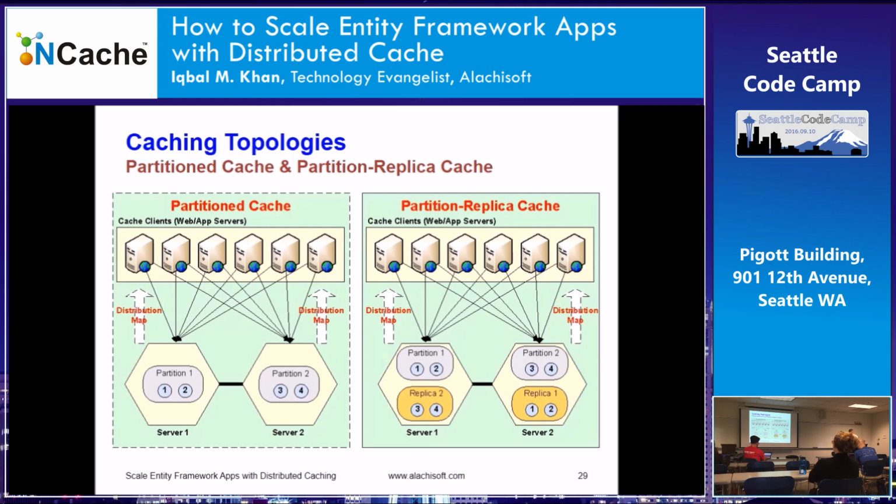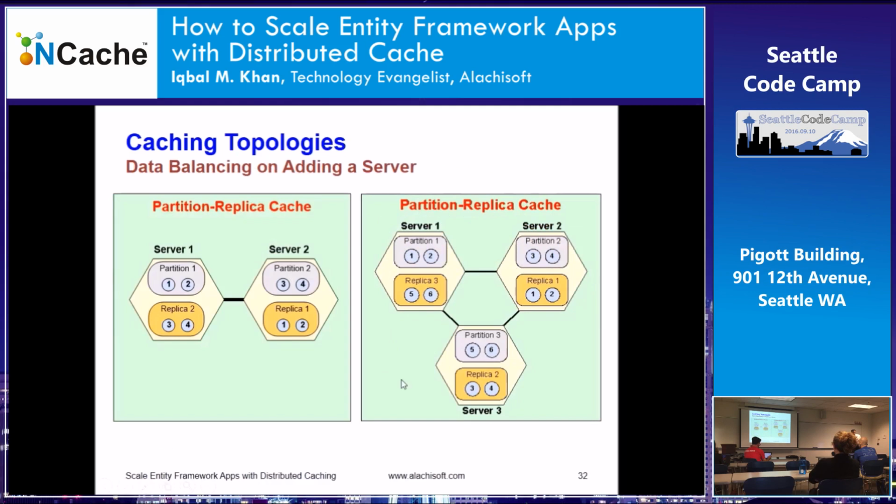But your cache needs to be able to handle partitioning in a dynamic fashion. So you don't have to worry about which data exists where. You just add a new server. If a server goes down, it automatically repartitions. Let's say if you had a 3-partition cluster, one of the partitions goes down. Well, this partition is no longer there.